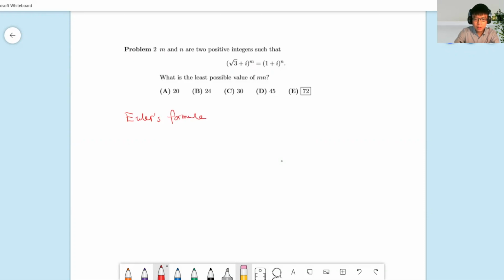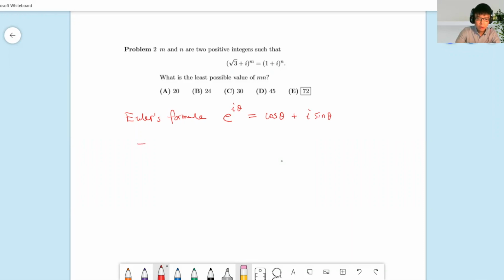It says that exponential i theta corresponds to cosine theta plus i sine theta. So here, we try to write the above complex numbers in terms of the exponential function.